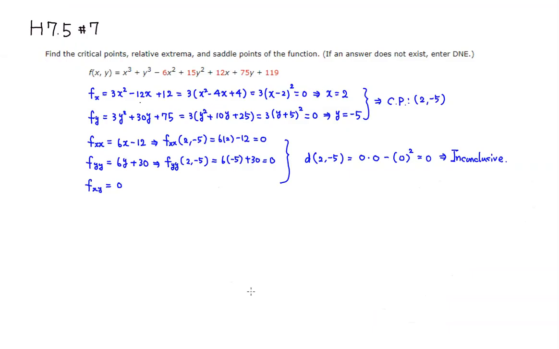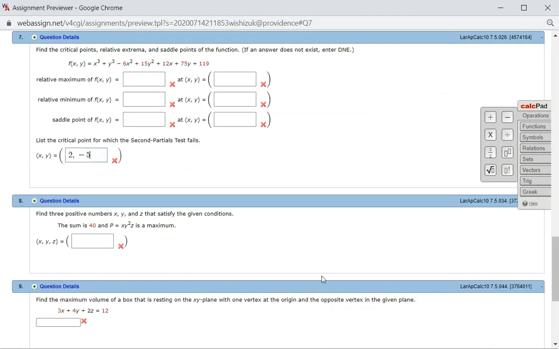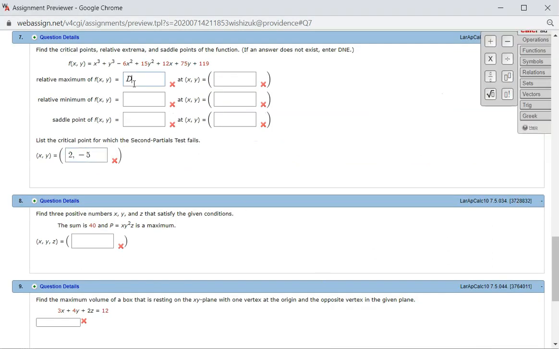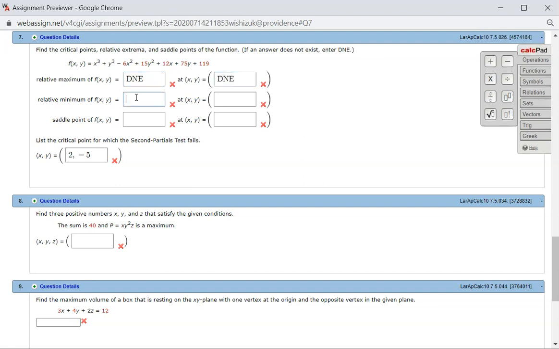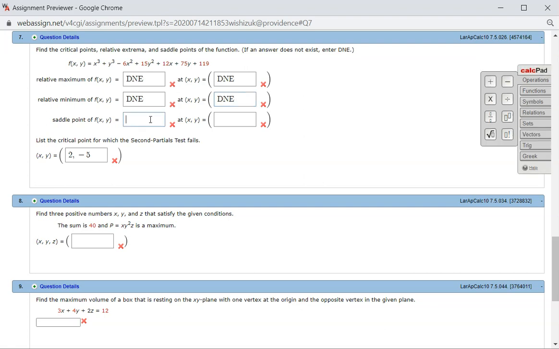Therefore, if you type in the answer, it is going to be does not exist. We just have to say does not exist here, and does not exist here, does not exist, and we don't have any here either. So for the saddle point, the value is 2 at 2, negative 5.